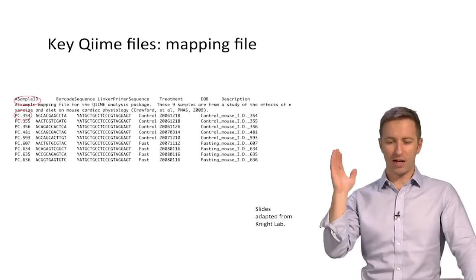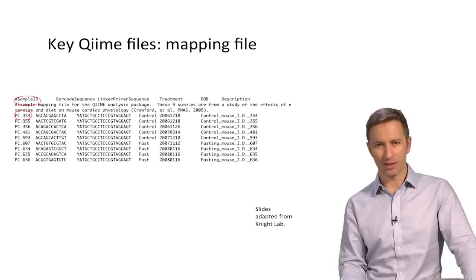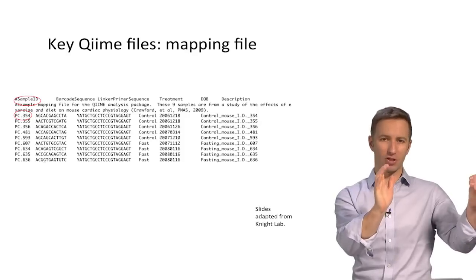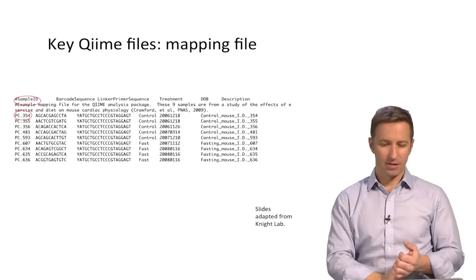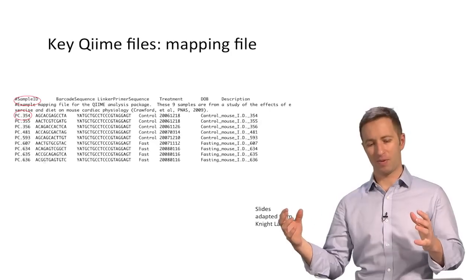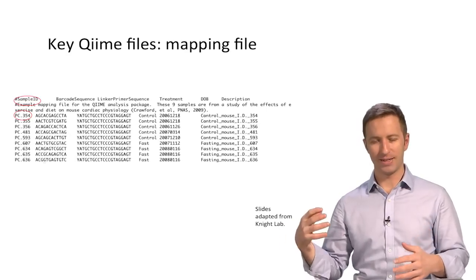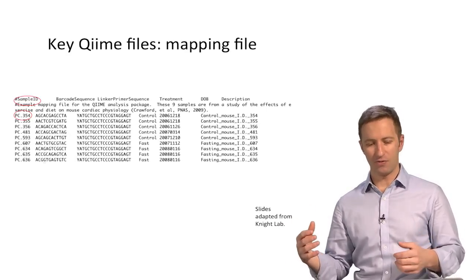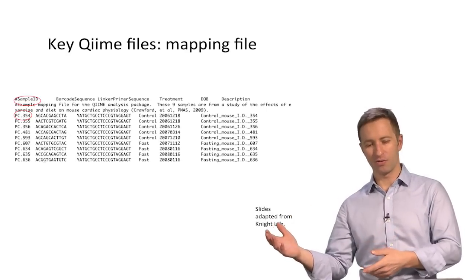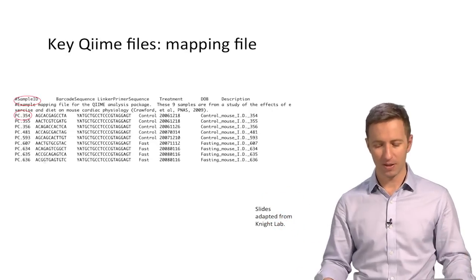Then you can have lots of other metadata like treatment groups, date of collection, and things like that. And then the last column is a description column. And Qiime really likes you to have the mapping file in this format. So if you want to work with Qiime, you kind of need to get it into this format. If you don't have barcodes in your data, or you don't have linker primer sequence, you can paste something random in there.